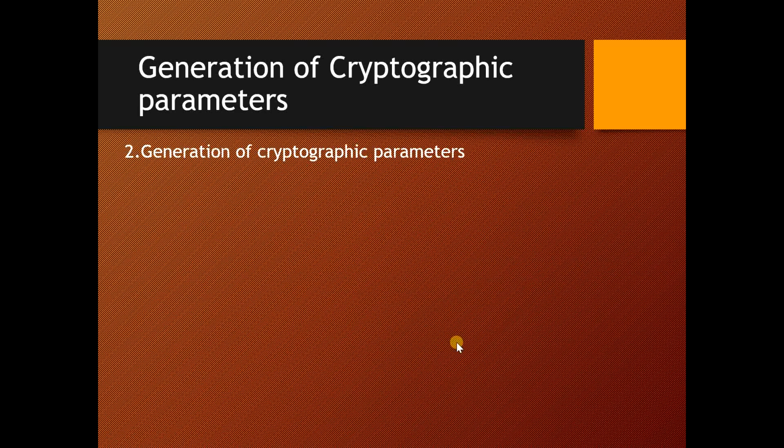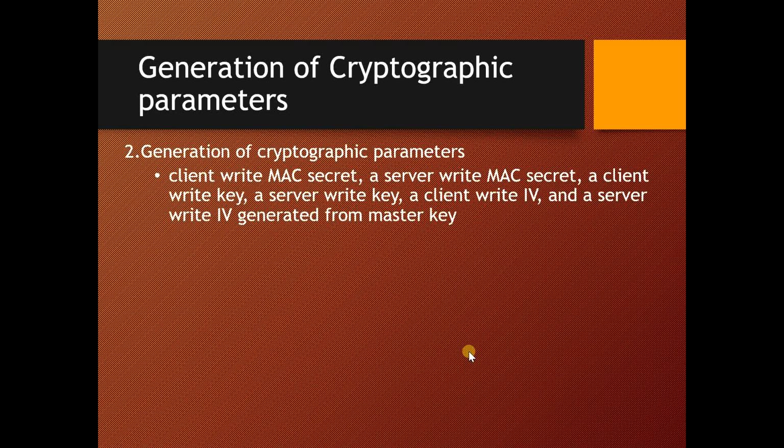The next part that we looked into is the generation of cryptographic parameters from the master secret. For this, the cipher specs usually will require a client write MAC secret, a server write MAC secret, a client write key, a server write key, a client write IV initialization value, and a server write IV initialization value, which are generated from the master secret in that order.